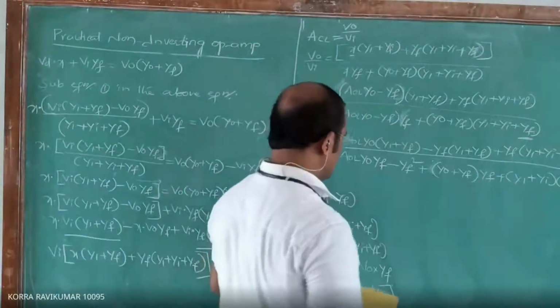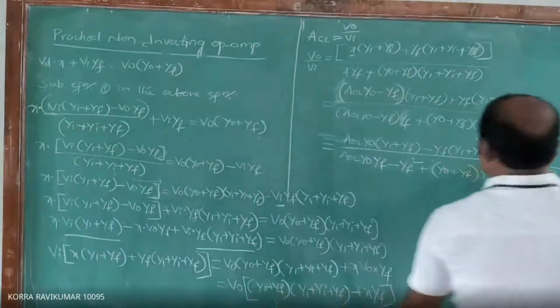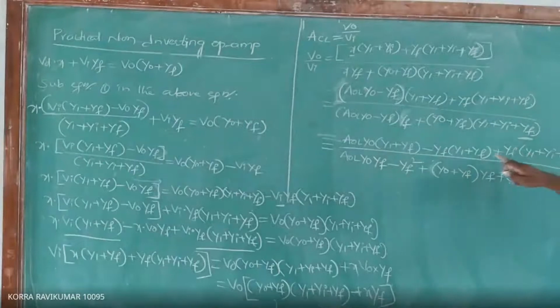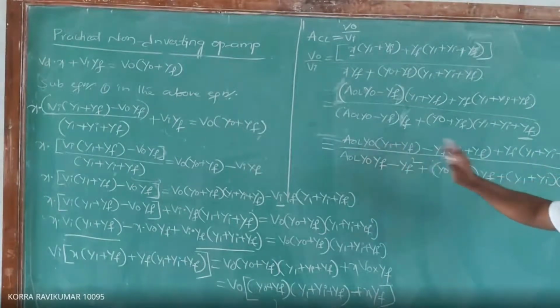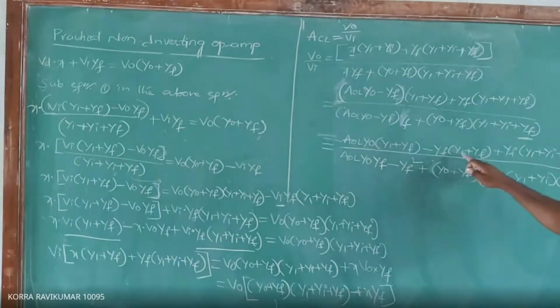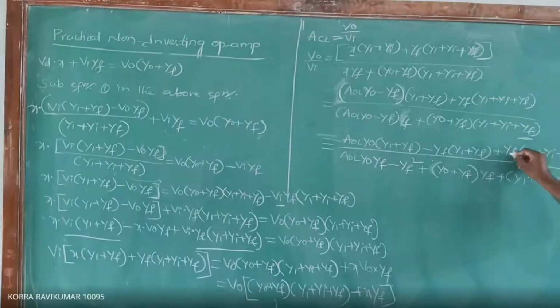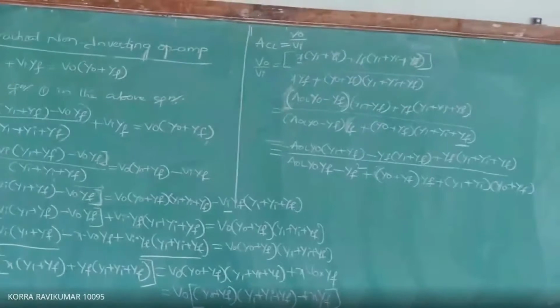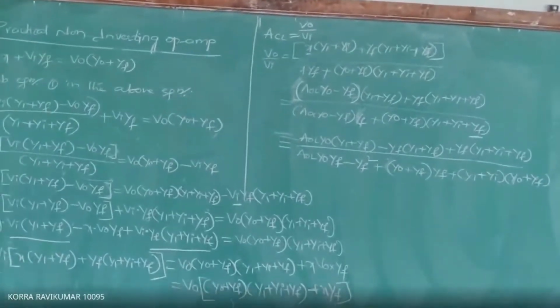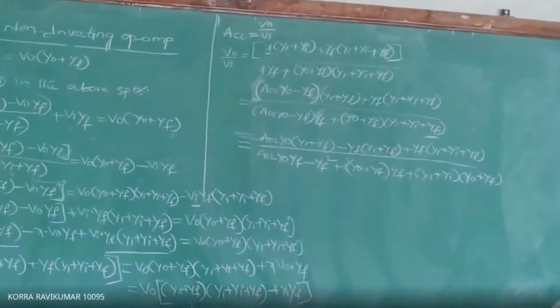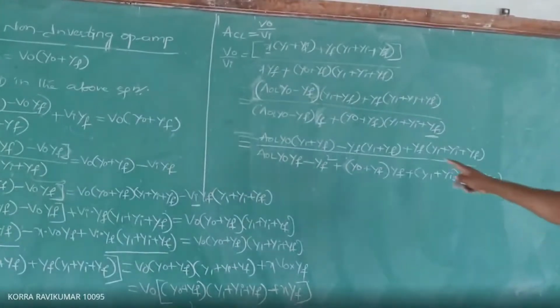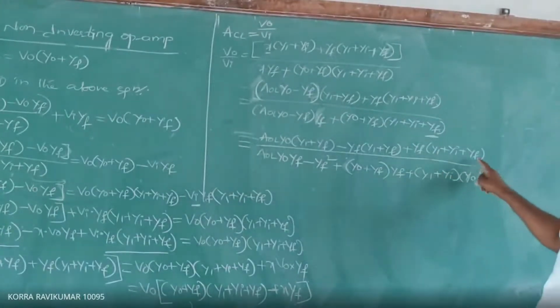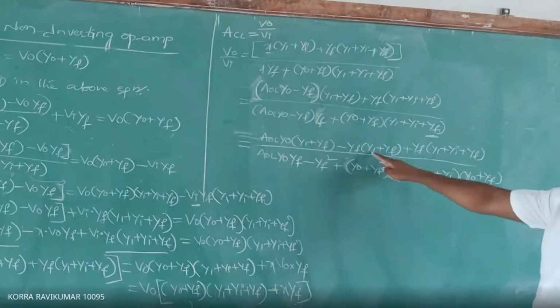See here in the numerator, observe the equation in the numerator. AOL into something, YF into (Y1 plus YF) is that. Here also, plus YF into something is there. I just want to expand it in this format.